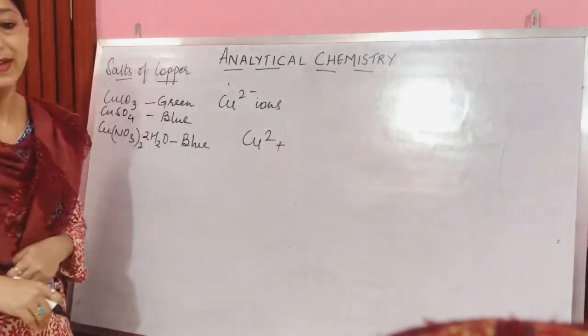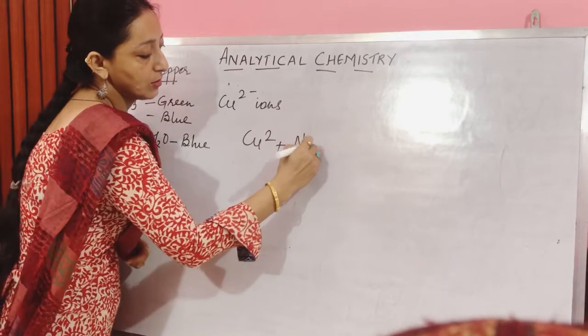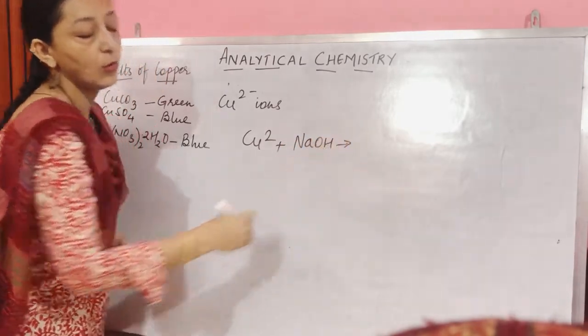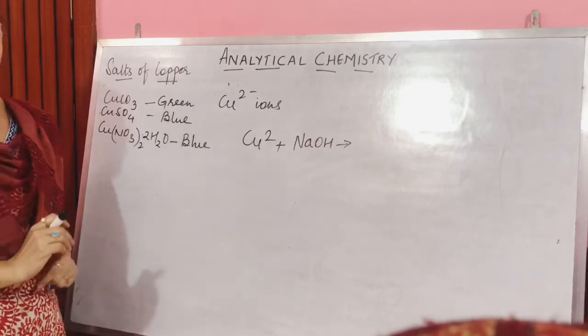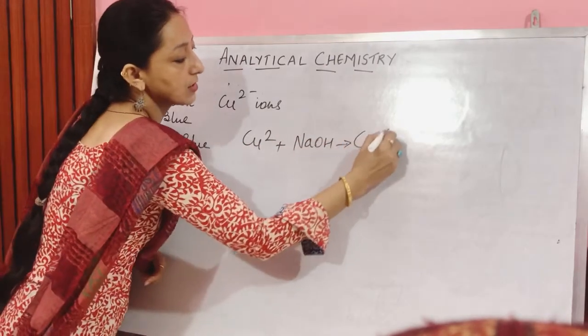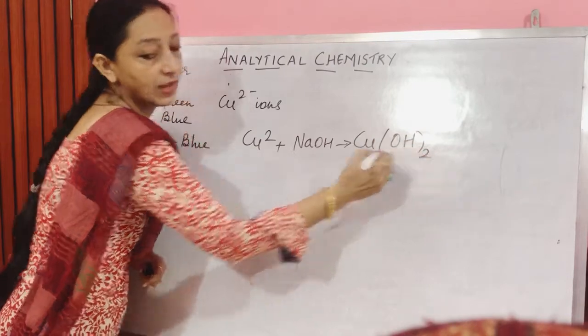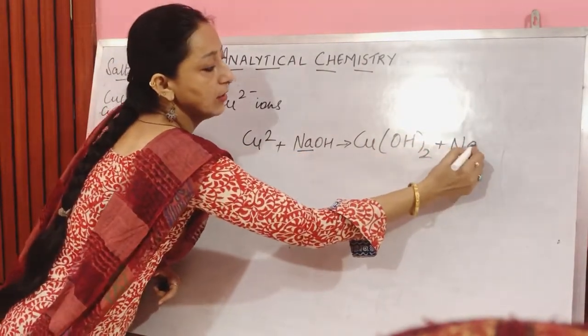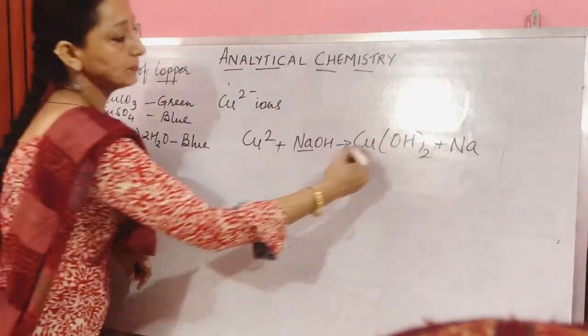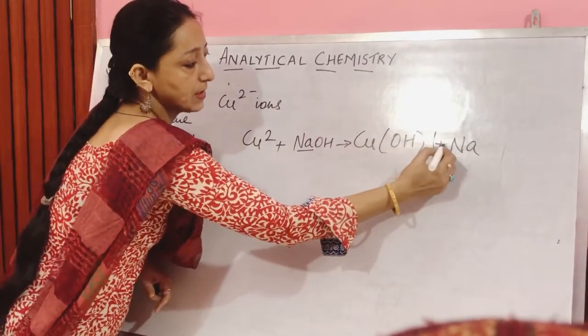Copper, when added to sodium hydroxide, gives a pale blue precipitate of copper hydroxide, and sodium ions are formed. It is in the form of a precipitate.